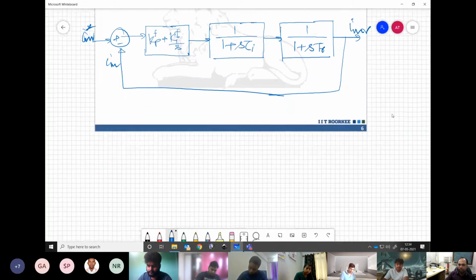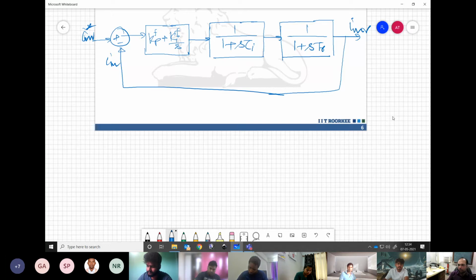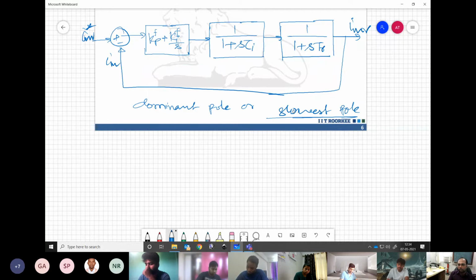Now, again, the same approach we can follow. We can look for the dominant pole or the slowest pole. The slowest pole means which is nearer to origin or nearer to zero, that we call the slowest pole or the dominant pole, because that is what dictates the dynamics of the system.